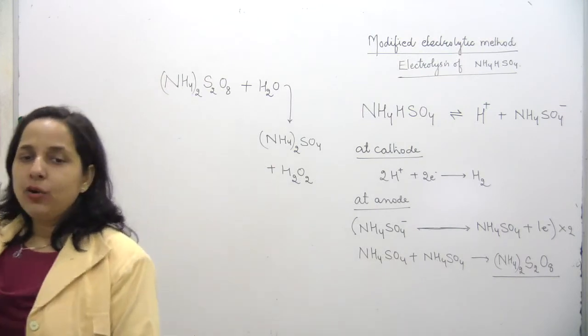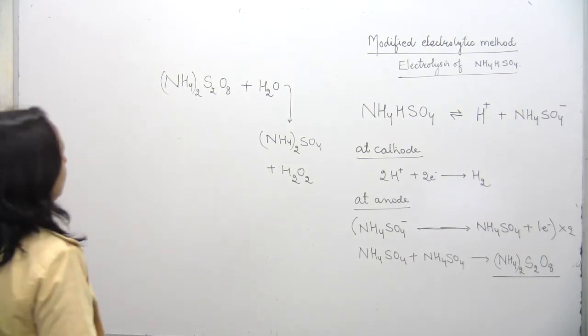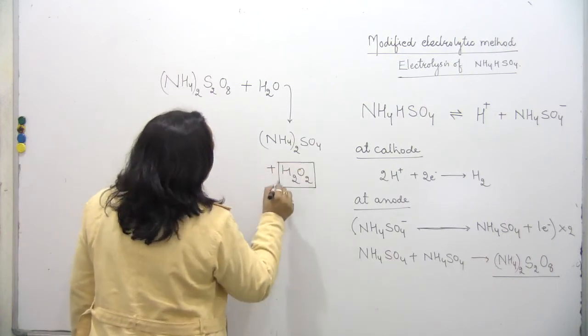It means now there is no formation of sulfuric acid. We are not getting formation of sulfuric acid. We are getting ammonium sulfate, ammonium hydrogen sulfate and H2O2. Thus, hydrogen peroxide can be easily prepared without any decomposition by sulfuric acid.